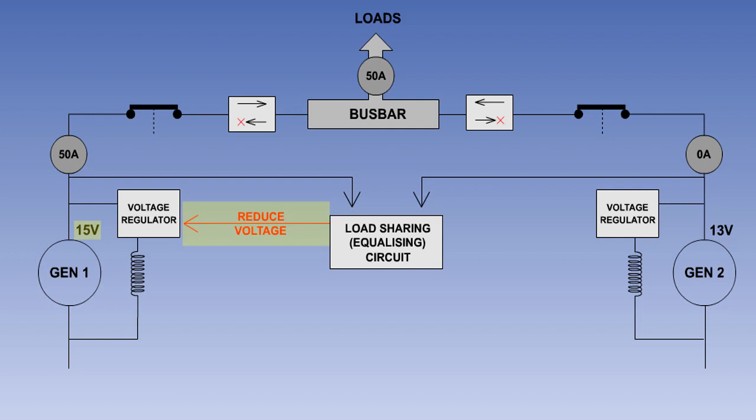If there is a difference between the generator output voltages, the load sharing circuit will send a signal to the voltage regulator of the high voltage generator to reduce its field current and thus its output voltage, and a signal to the voltage regulator of the low voltage generator to increase its field current and output voltage. The two voltages will come together, and the load sharing circuit will then keep them equal.